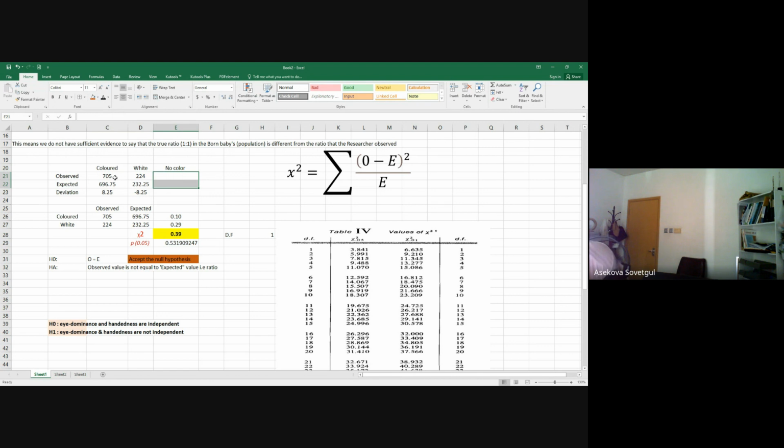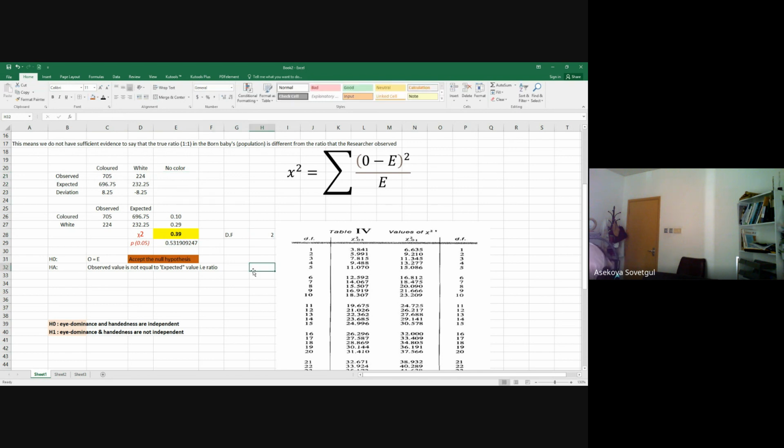We have to add up all the values for each category. So depending on how many categories we have, we have to calculate for each separately, like here, and at the end we can sum and get the chi-square value. Then we also have to pay attention to the degrees of freedom. So here I have some values, then it will be 3 minus 1, it will be 2 degrees of freedom, yeah?